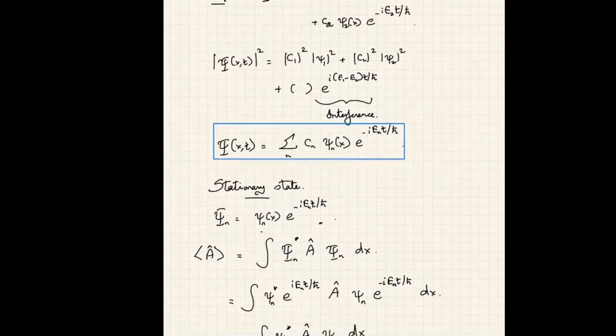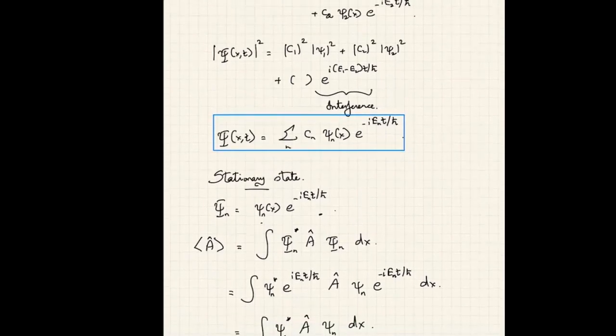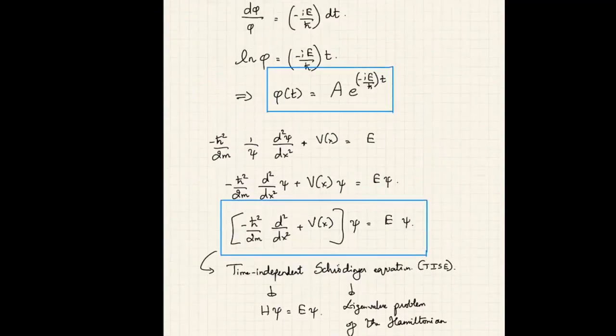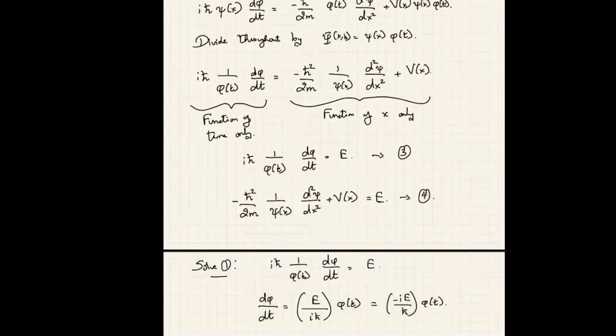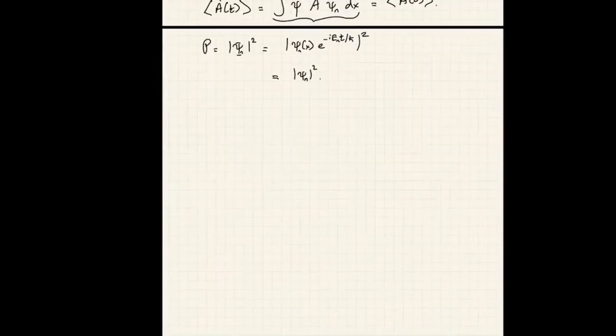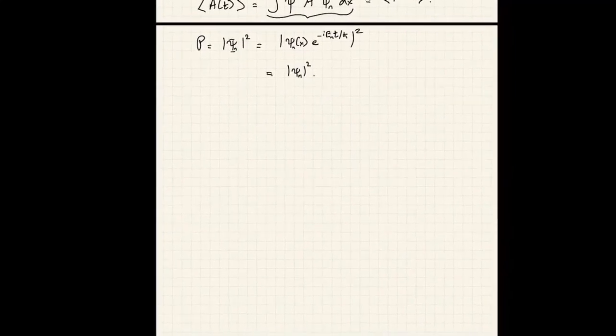It is only the property of the stationary states. Each one of the solutions, the psi n's and the phi n's, corresponding to the solution of equations 3 and equation 4, have the nice property that the expectation values and probabilities in those states do not change. So this is the definition of a stationary state.